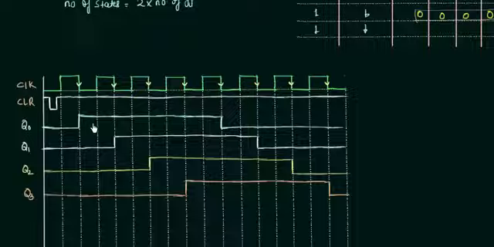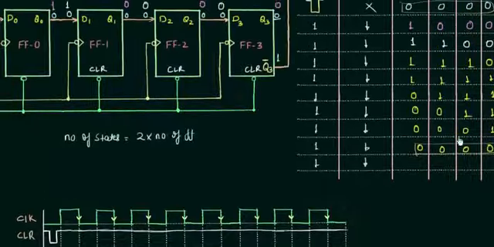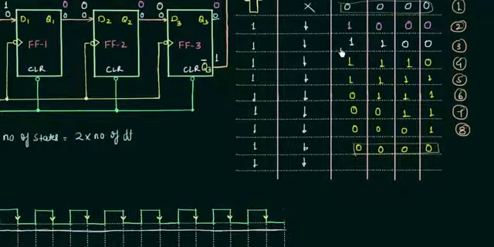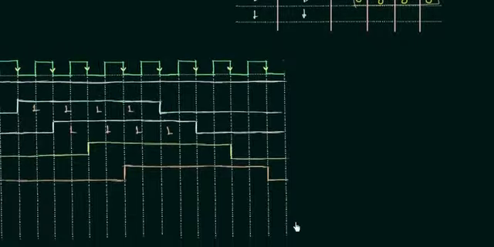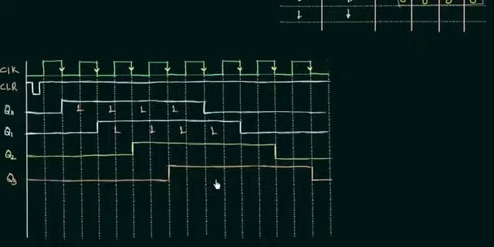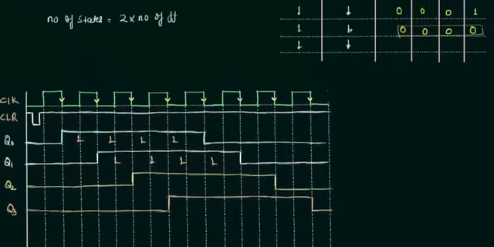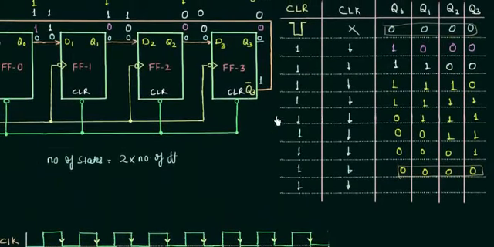And now you will see you have 1 1 1 1. The same thing we have evaluated in the table. In the same way you can complete Q2 and Q3. This is all for the Johnson's ring counter. The only change you have to make is in the output and in the clear and preset input.